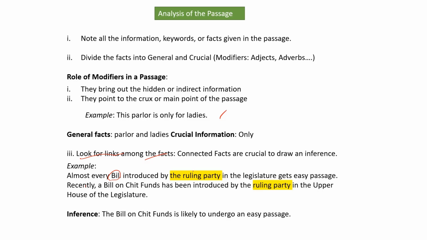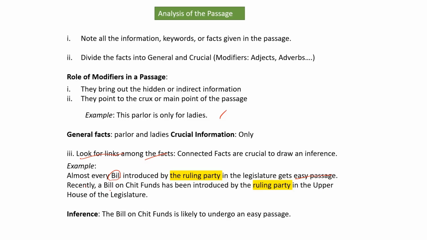That means this keyword or this fact is a connection between the first statement and the second statement, right? Now you observe the first statement is talking about an easy passage. The second statement is talking about chit funds.